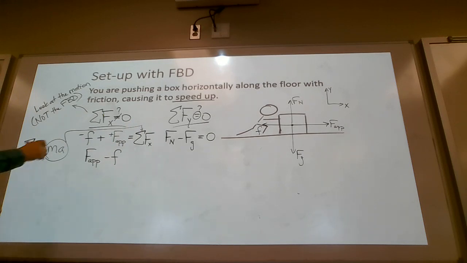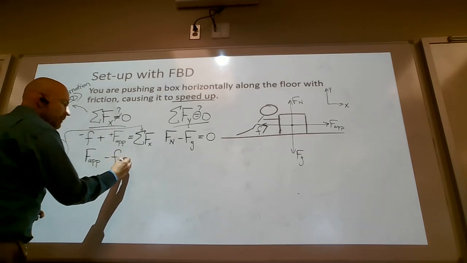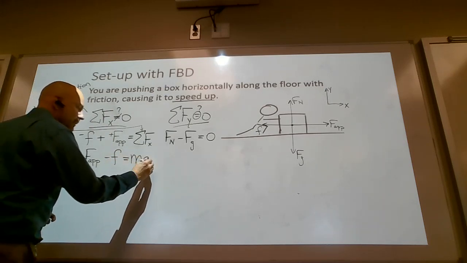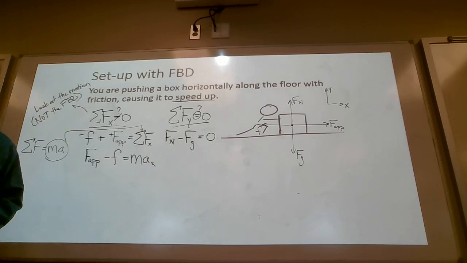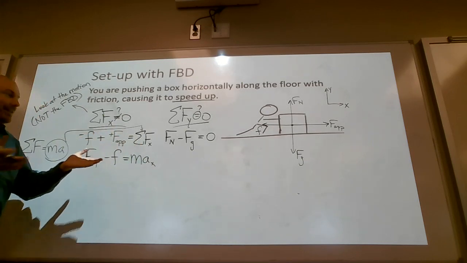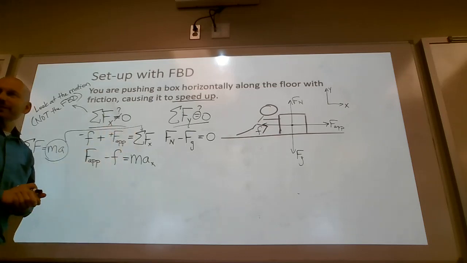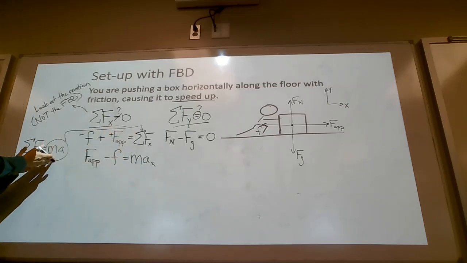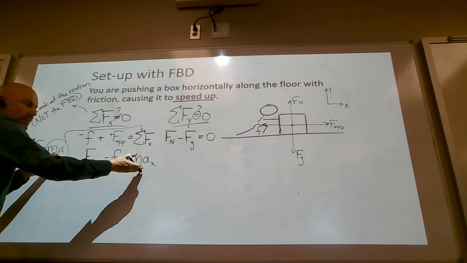So your setup, if it's not equal to 0, you set it up equal to mass times acceleration. In this case, it's in the x direction. That's what I want you to write. It's equal, not to 0, but to something. I don't know what it is, so we write a variable, the total force. But we know that the total force is equal to mass times acceleration, so we can just substitute that in there.